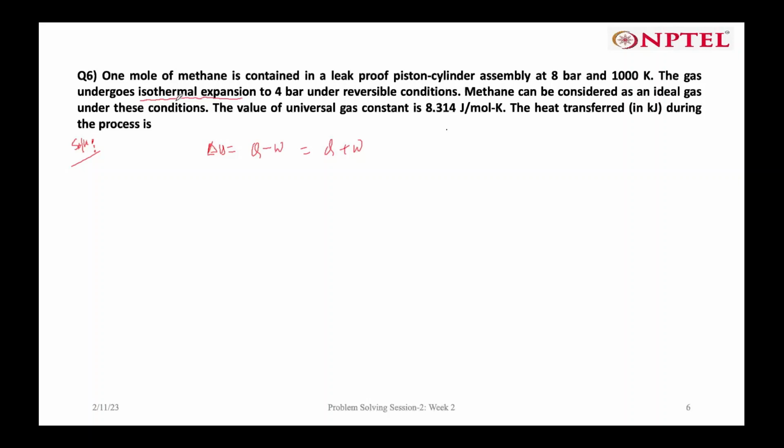So here is the isothermal expansion. Here is P1, T1. This is P2, right? These are given. So for an isothermal process, temperature is constant, and internal energy depends on the temperature. So delta U is 0. So Q is equal to W.